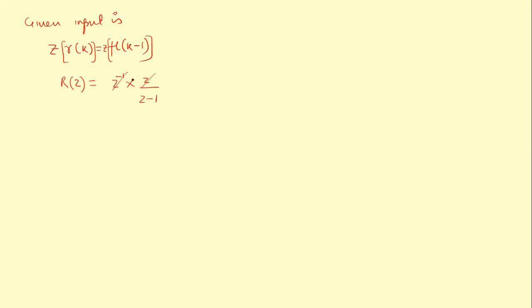So this z will be cancelled out, so you have Rz equal to 1 by z minus 1, right? So this we will substitute in equation number 5, right?